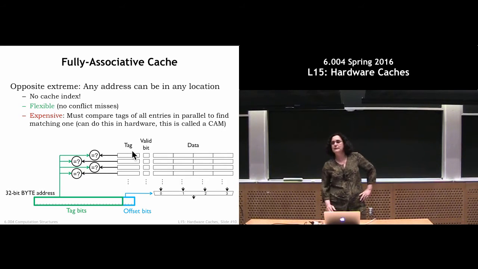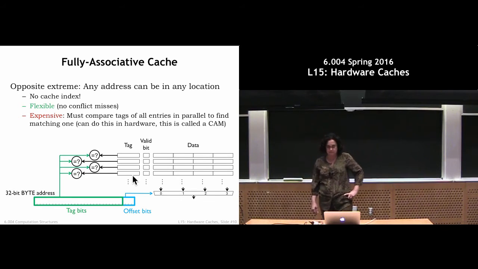Okay, so this becomes very expensive. The amount of comparator logic that I need here becomes huge in order to support a fully associative cache. Okay, but I certainly have the most flexibility in the sense that my data can go anywhere, and so I don't have any of these conflict type of misses.